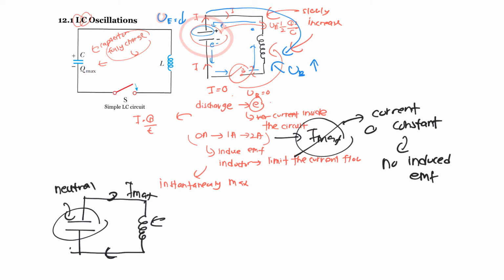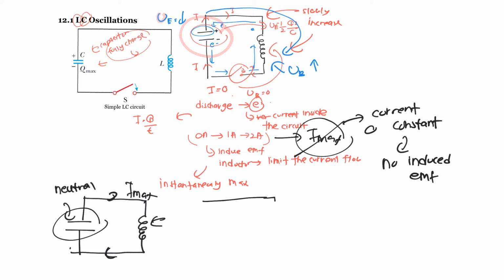Then instantaneously after that, the capacitor is going to start charging. It's like you discharge, then the current becomes maximum, and once it's maximum, it's going to be charging. So what happens to the direction of the current and to the polarity of the capacitor?